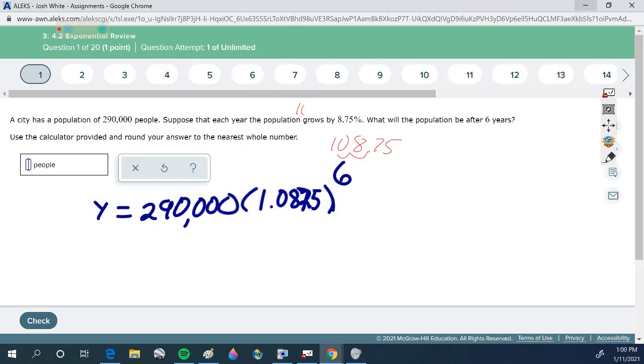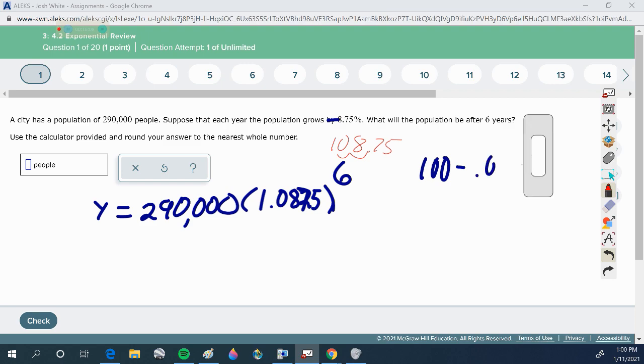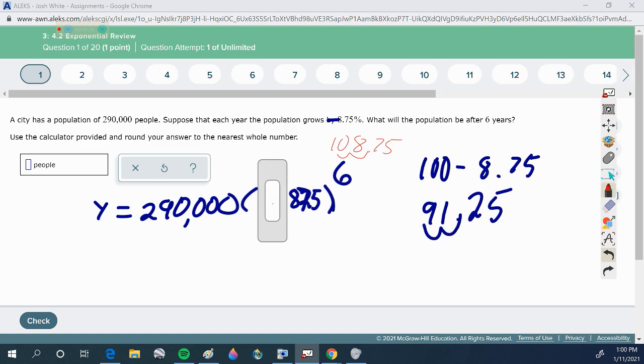Okay, what if the problem said, instead of growing, what if it was decreasing by 8.75? Then you would do 100 minus 8.75, and I get 91.25, and I turn that into a decimal, and I would put 0.9125 and then raise that to the 6th.